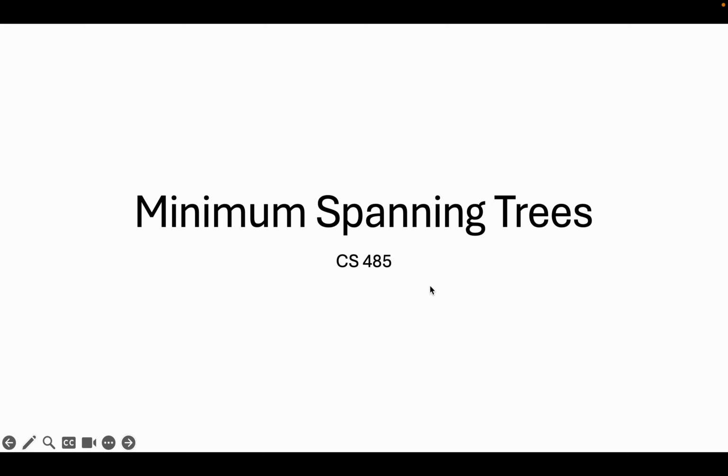Okay, so we're going to talk about minimum spanning trees. Last time we talked about trees in general, and also spanning trees, but now we're talking about what minimum means.